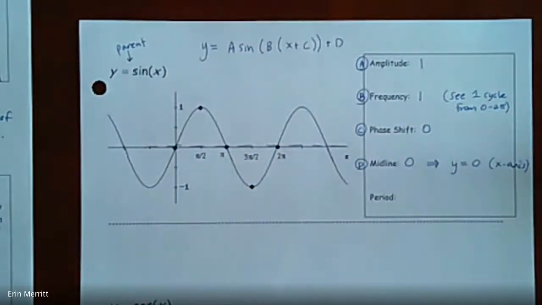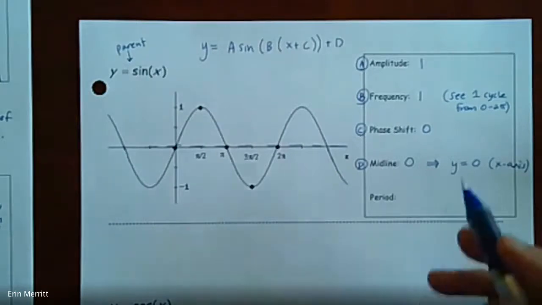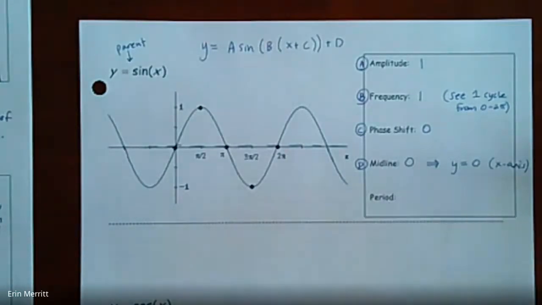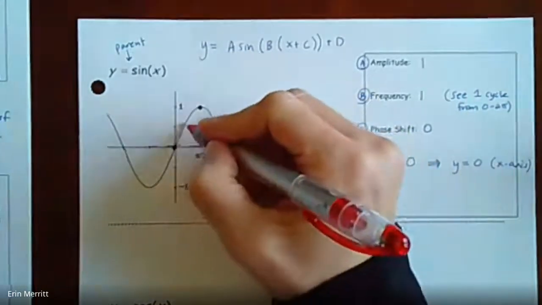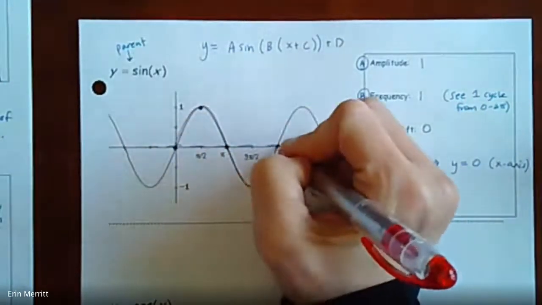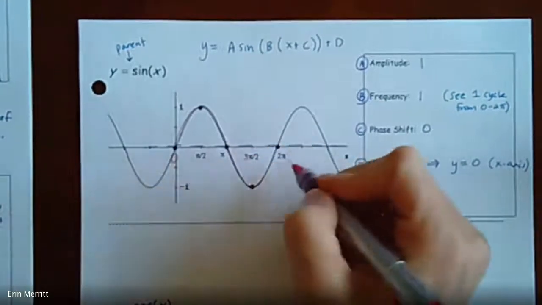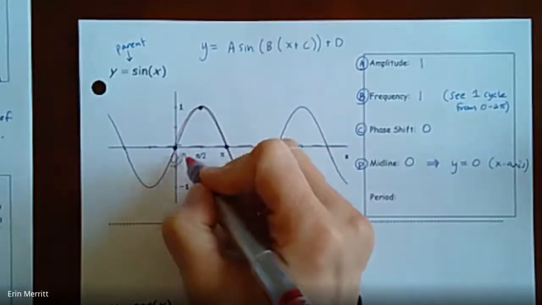All right, last thing, the period of the graph. There's multiple ways to talk about it, but for right now, since the period represents the length of the curve, let's look at that one cycle. Here's one cycle. So it goes from 0 to 2 pi.